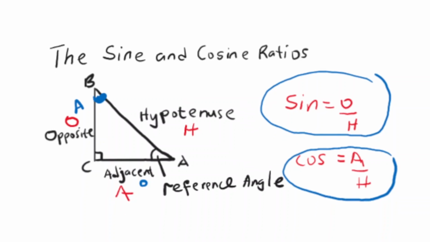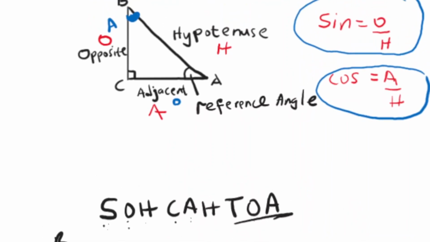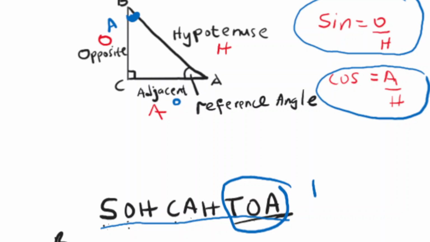If you remember, I mentioned SOHCAHTOA, this acronym, and then we did the tan. We said that tan is equal to opposite over adjacent. That was what we did previously. Today we are looking at sine and cos.